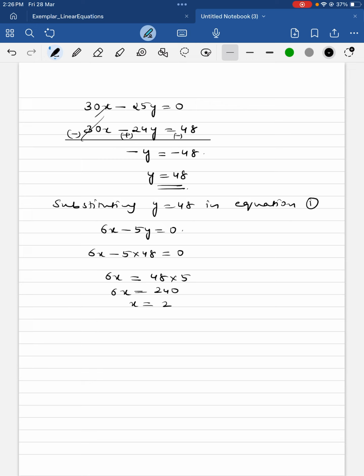And x would be 240 divided by 6, which gives me 40. Therefore, the two numbers are 40 and 48. Thank you.